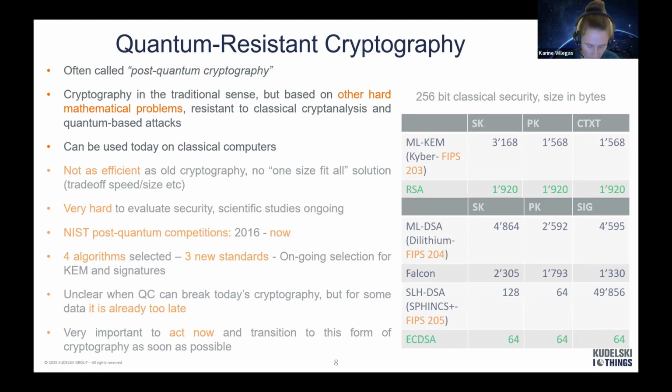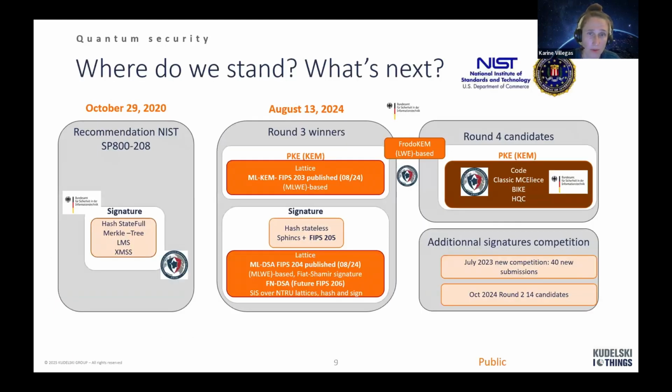So as Derwin mentioned, there was this competition from NIST, and now we have 4 algorithms that have been selected. 3 are standards, but as we will see in the next slide, we have much more choice available. Even if today we cannot say when a quantum computer will break RSA or elliptic curves, we know that data is at risk for some use cases, and so it is important to act now and to understand what we have available in the toolbox.